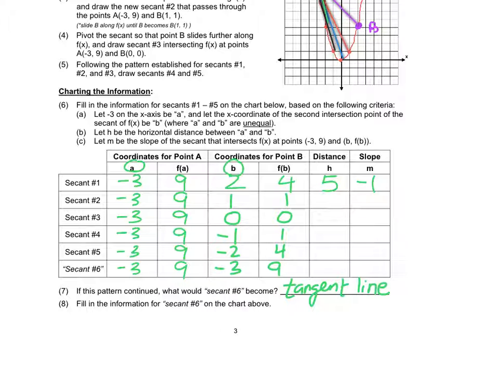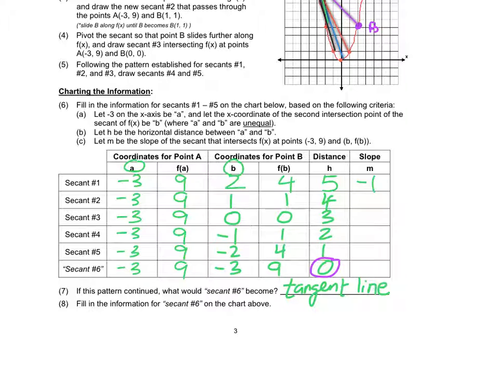So then, as far as the h values are concerned, h is just the horizontal distance separating your x values, which we're calling a and b. So 1 minus -3 is 4. 0 minus -3 is 3. Follow the trend, we're decreasing by 1 every step of the way. Until eventually, very important observation here, there's 0 distance between the two x values.